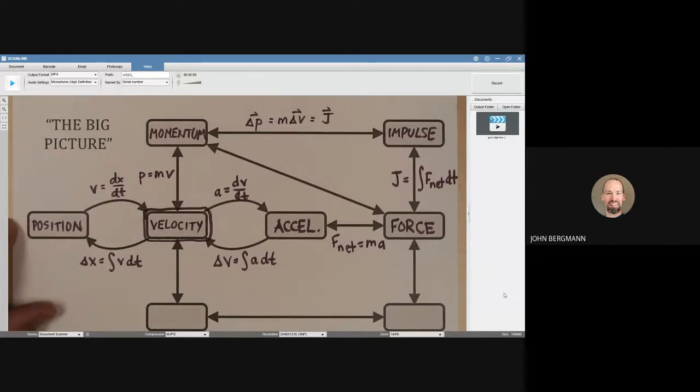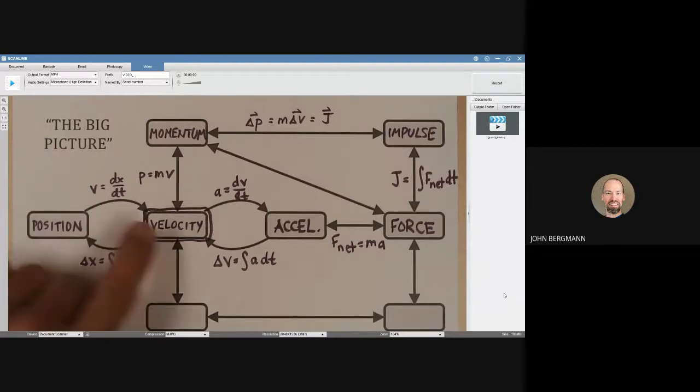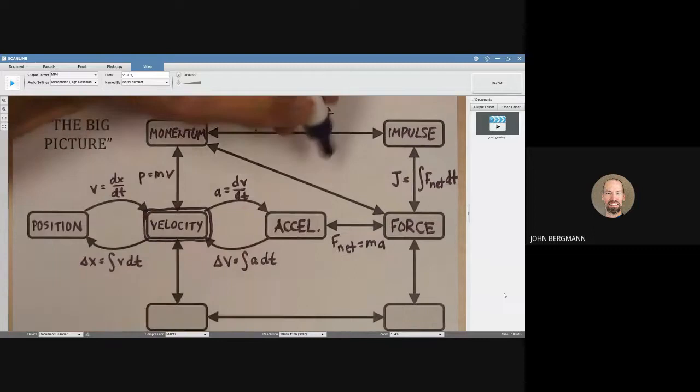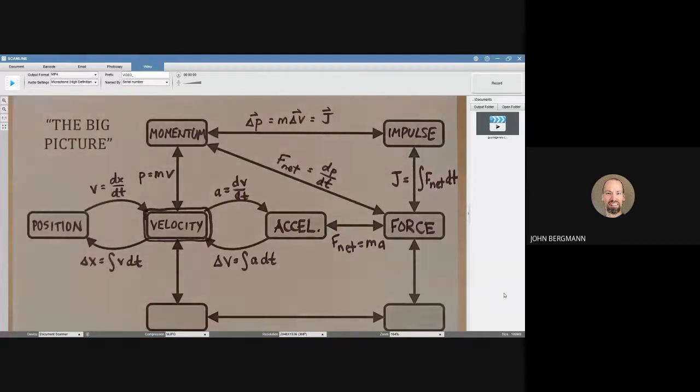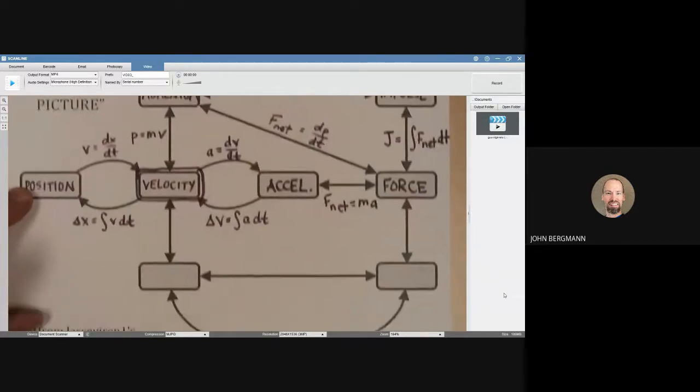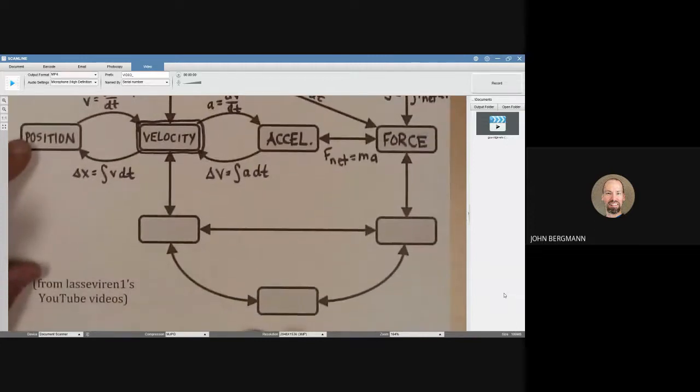Earlier in this video series, we have gone through that the net force is equal to the time derivative of momentum. So that connects those two islands.